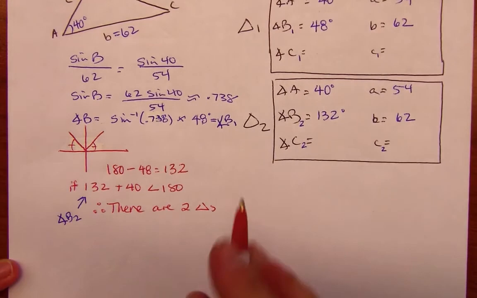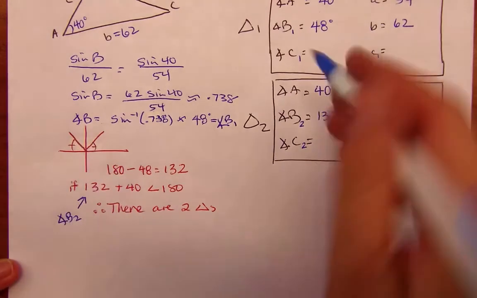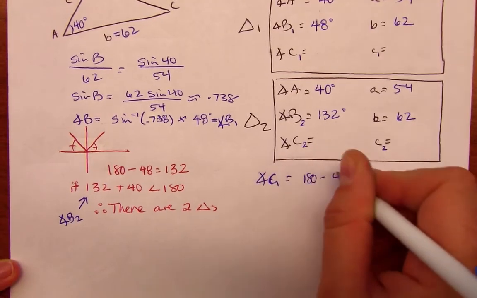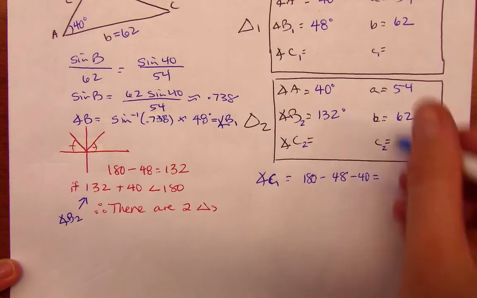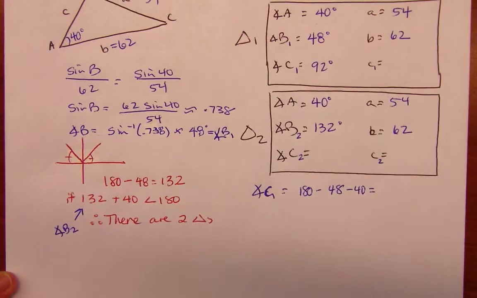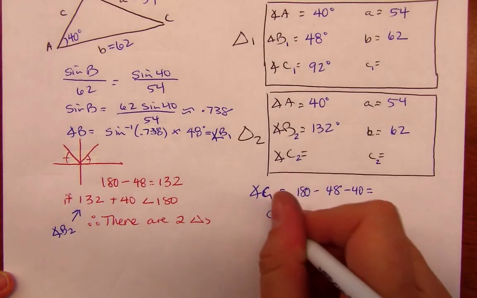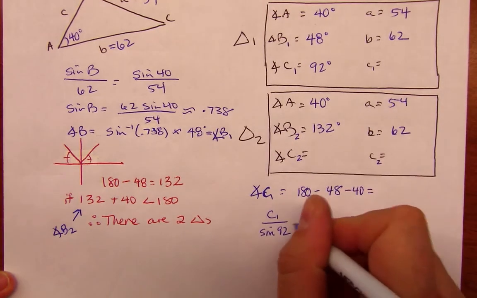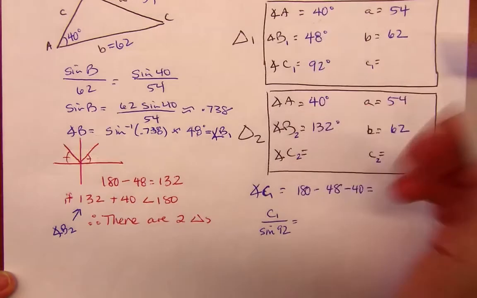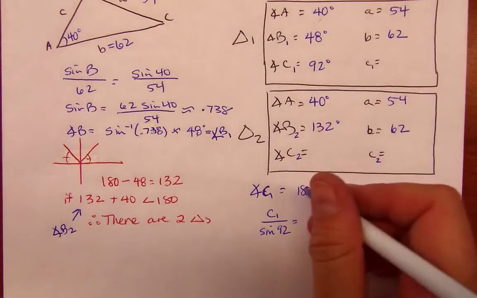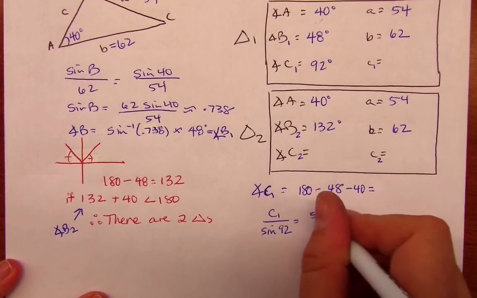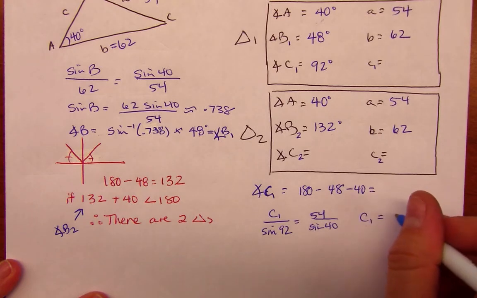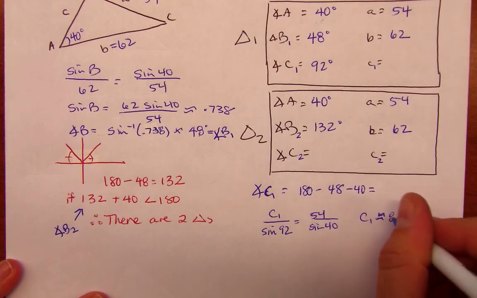Okay, so let's go ahead and find C1 here. So angle C1 is 180 minus 48 minus 40, which is going to be 92 degrees. And then side c1 over sine of C1, and then we can use either one of these. I'm just going to go ahead and use the one I have here. So we have 54 over sine 40. So c1 is going to be about 84.